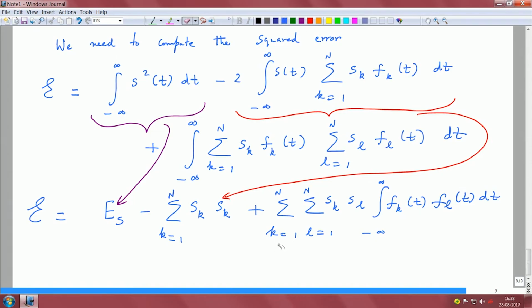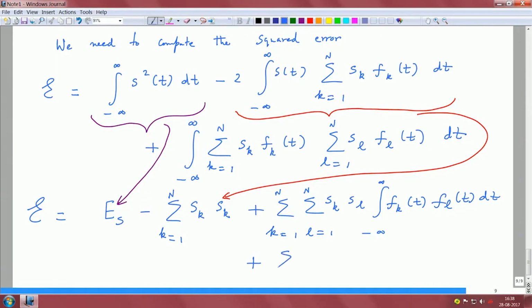Now you can simplify this, because this will vanish if they are orthonormal. Therefore, the integral exists when k equals l, else it just vanishes for k not equal to l. So this is basically the sum k equals 1 to n of sk square. I just had to take a 2 here that I missed.